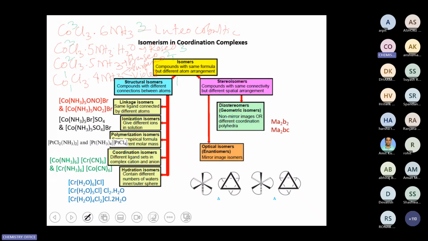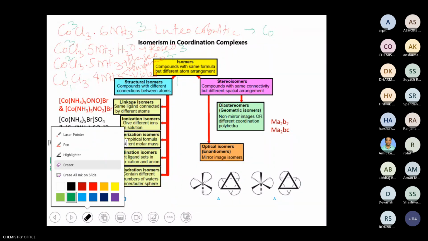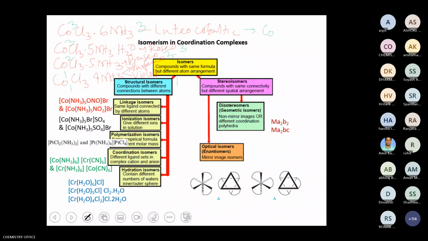Now, with the amount of silver chloride formed, he tried to explain the formula of each entity and reached the conclusion that the first molecule is formed with the formula Co(NH3)6 Cl3.